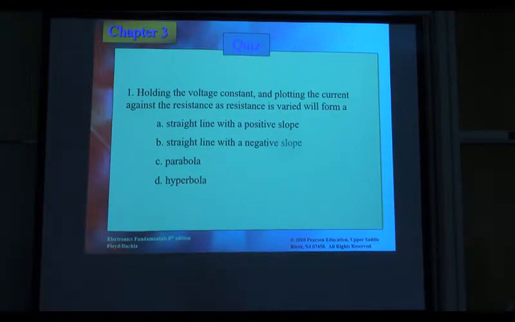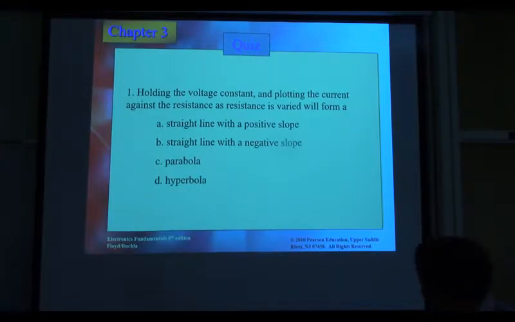What is the curve? Because we are interested in the current and the resistance. So current times resistance equals a constant voltage. Oh, okay, so that'd be a straight line.